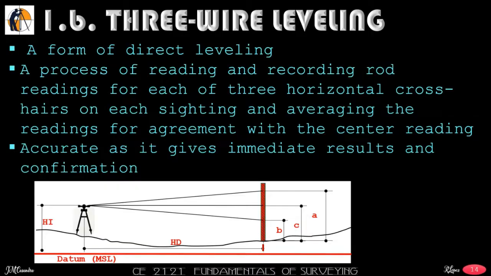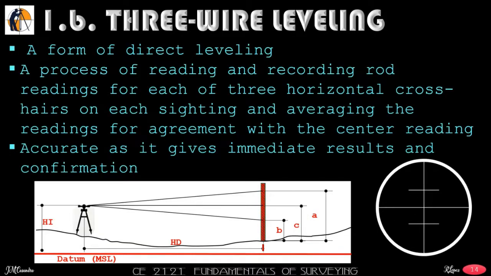If you're going to look at the telescope of your level, this is what you will see. You will have your crosshairs. This is our center or middle crosshair. This is the lower, and this is our upper crosshair.